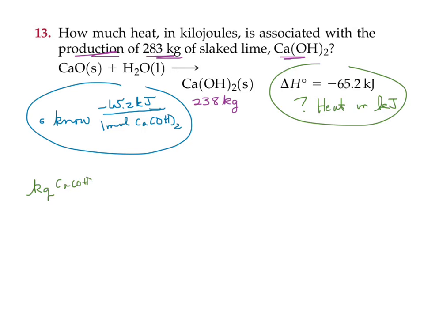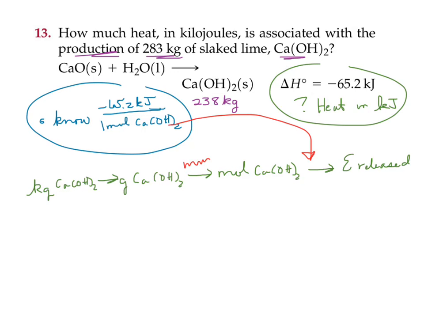Some of these hints I'm sure you don't need. But I would go from kilograms to grams of the calcium hydroxide, use the molar mass of calcium hydroxide to get to moles, and then just plug in that ratio right there.